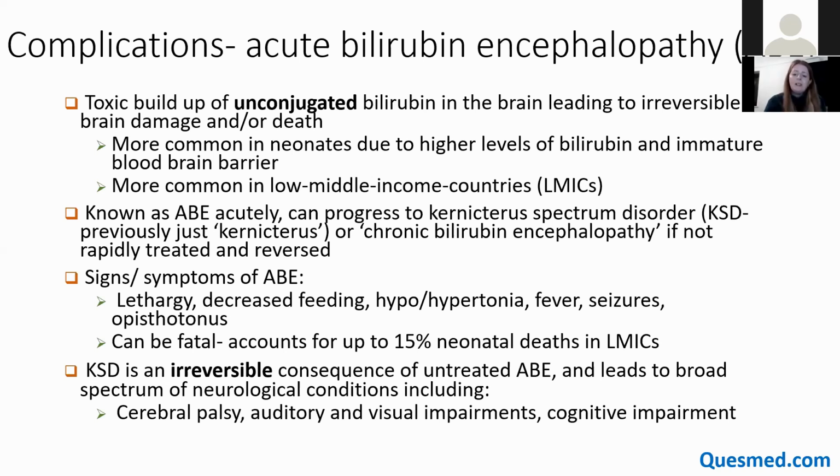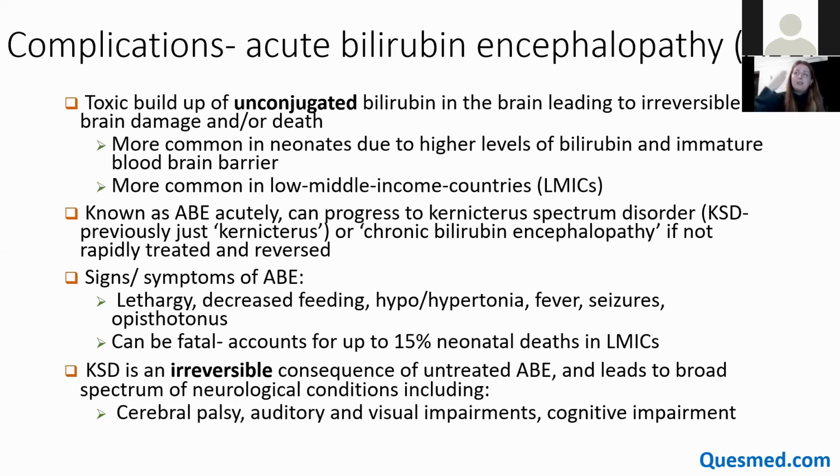Interestingly, kernicterus, I think it was first described by a German guy at the end of the 19th century. Essentially, kernicterus translates to icterus meaning yellow, and kern meaning nucleus.